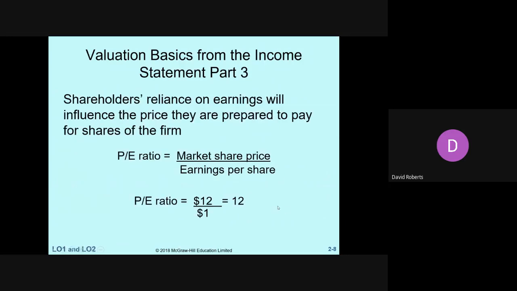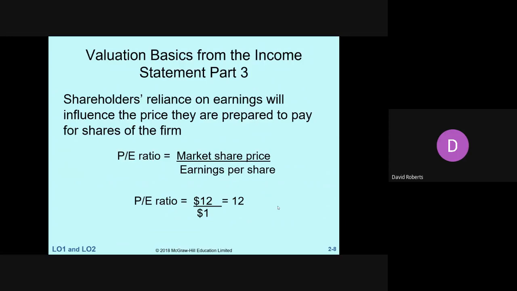Price earnings ratio is simply the current market share price divided by the EPS. So in this case, it's 12. So what that means is for every dollar of earnings the company has, the share price is $12.